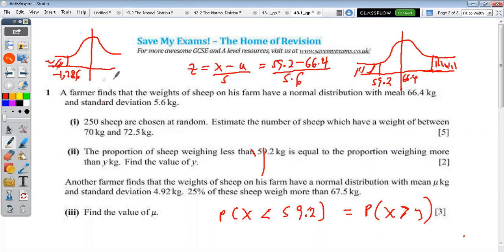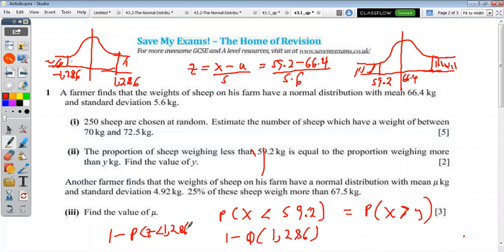We want this area here, but symmetrical is the same as this area here, the positive 1.286. But we know that your table only gives you this. So it's simply 1 minus phi of 1.286. I simply mean 1 minus the probability of Z being less than 1.286.